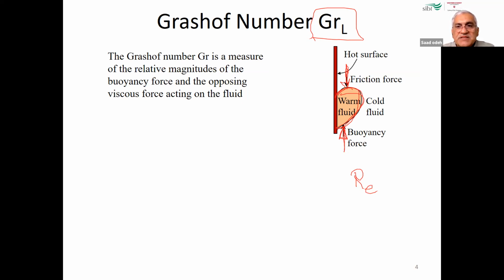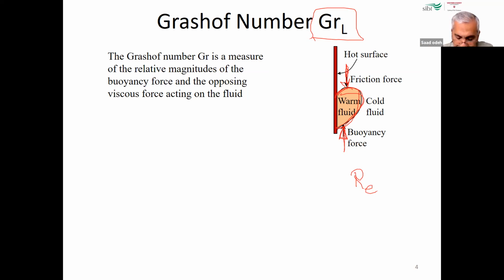And this friction is due to the viscous force acting on the fluid, right? So for different types of fluid, of course, we have different viscous force, and for different surfaces we can have different friction force.